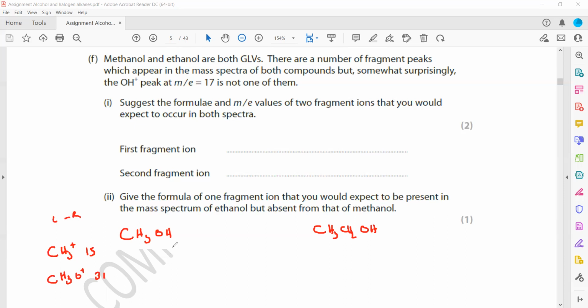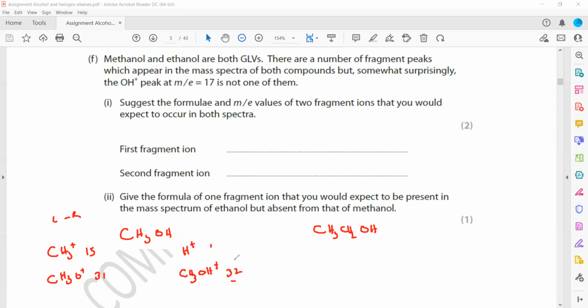If we break from right to left, we might get H plus, or we might get OH, or we might get CH3OH plus. This CH3OH is the molecular ion peak. So what will be the mass here? Carbon is 12 plus hydrogen 4, so 16, and we get 32.